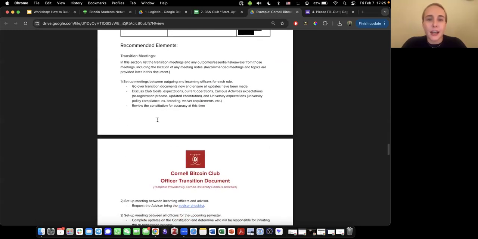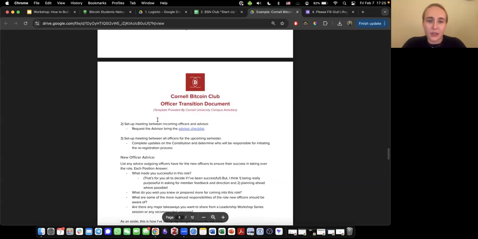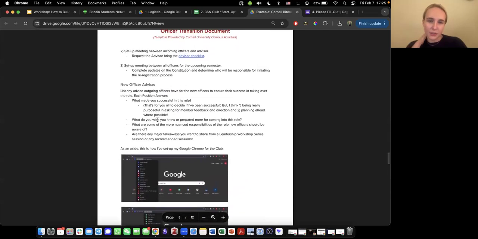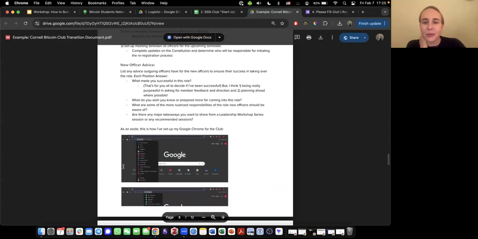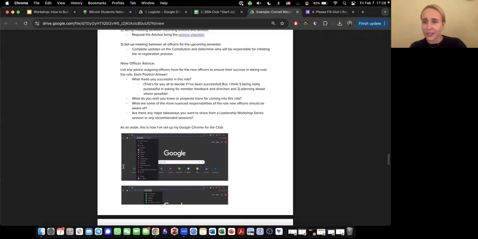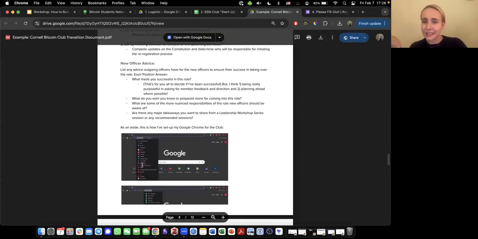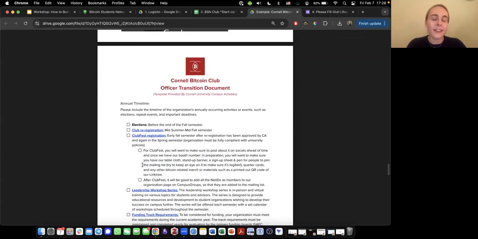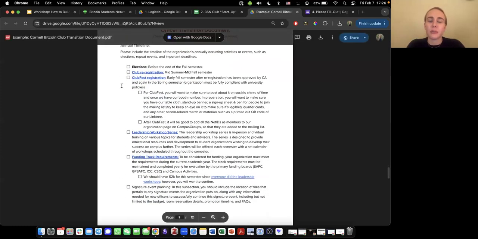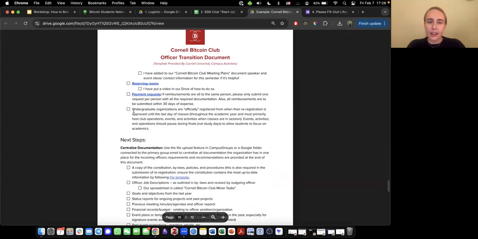And then over here, this is a lot of just information that was sort of given, but there's a new officer advice section. So for instance, I just put how I organized the Google Chrome to easily find things, just anything I could think of that might be helpful in some way. This is just reminders, big timelines for the university over here.